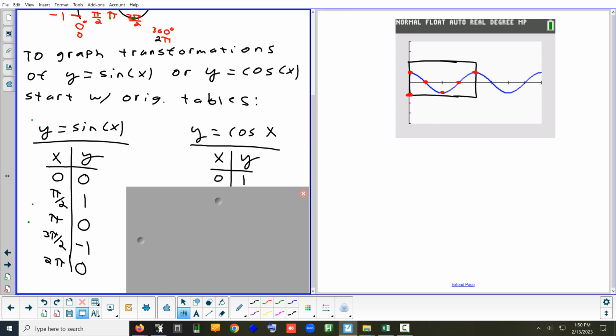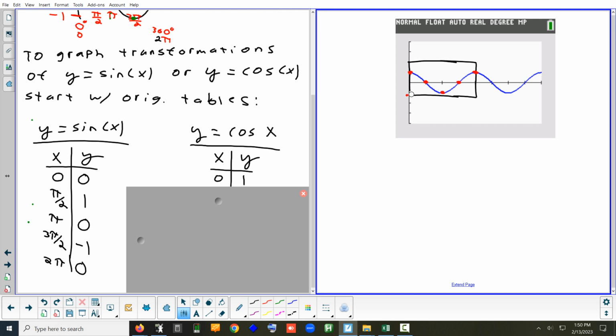That's your first point. 0, 1. All right. Let's go to the next one. Now, we already know the x values because the spacing on these is exactly the same as the spacing on those. You want a point every quarter of a cycle.